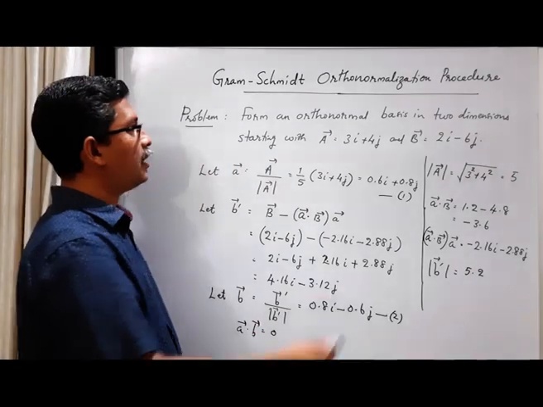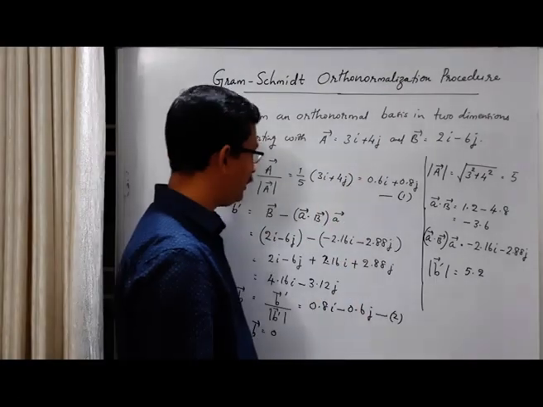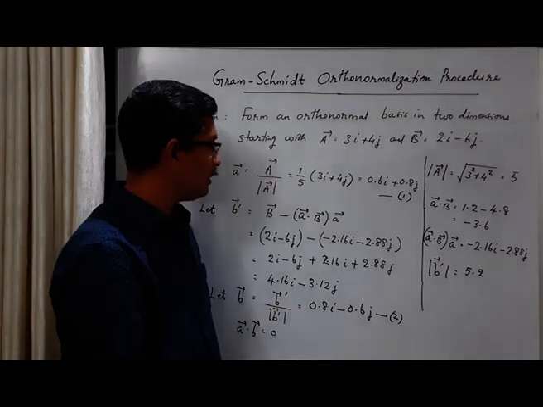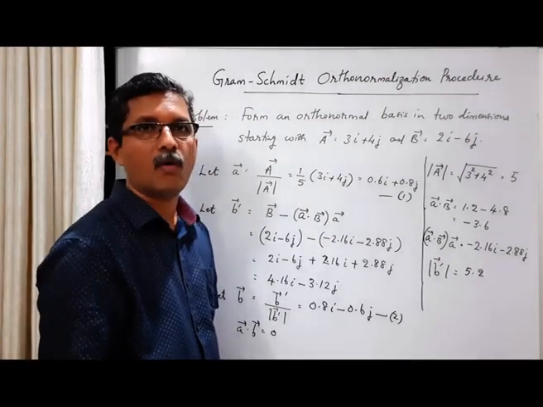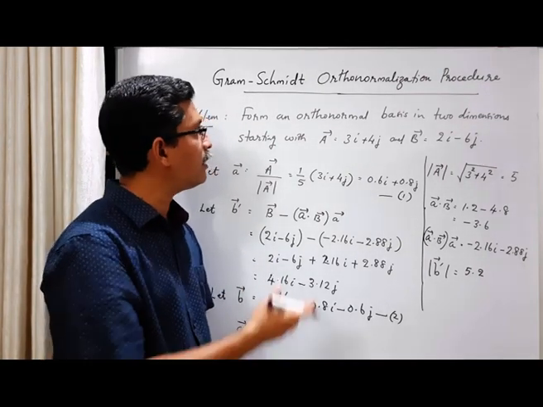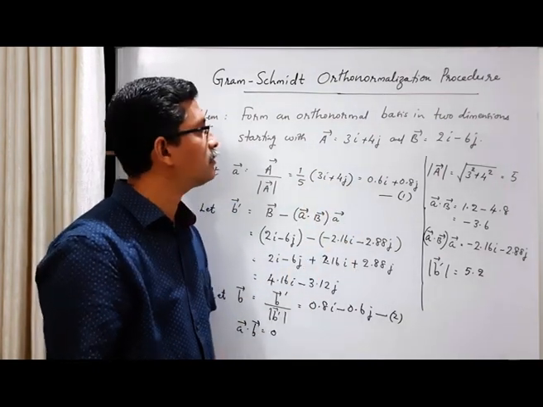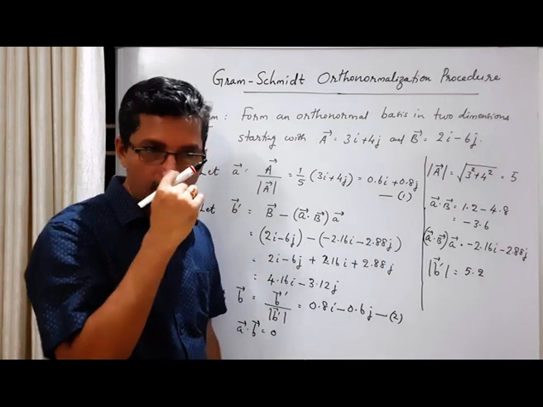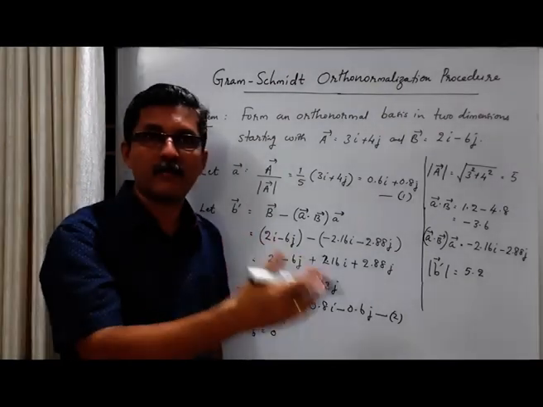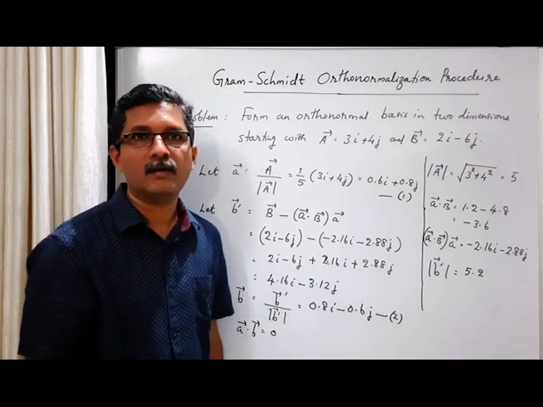So we started with a linearly independent set, capital A and capital B, and ended up with an orthonormal set. So this is an illustration of the Gram-Schmidt orthonormalization procedure. Here I have used spatial vectors which are familiar to us, but if we have square matrices, or n-tuples, or functions, then this procedure will also work.